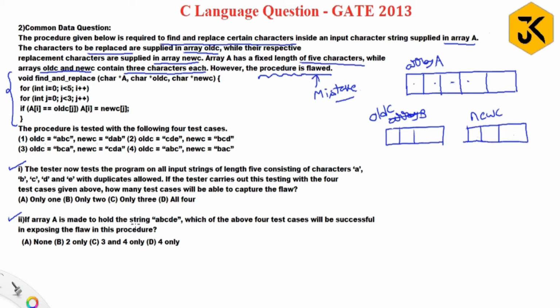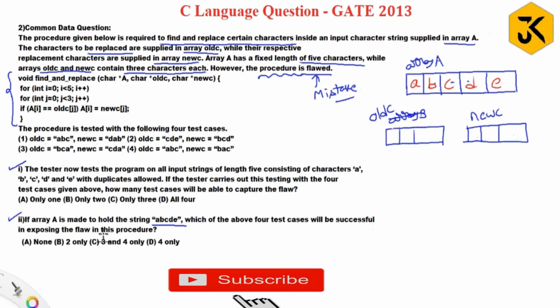If array A is made to hold the string A, B, C, D, E, it means array A is going to store 5 characters: A, B, C, D, E. Which of the above 4 test cases will be successful in exposing the flaw in this procedure?